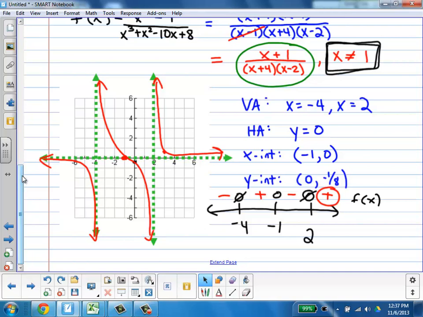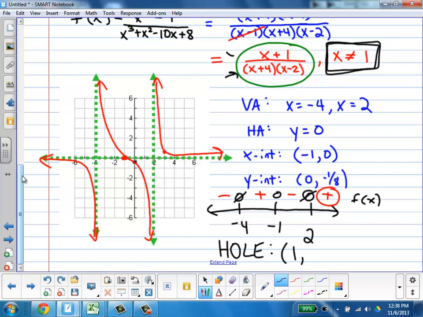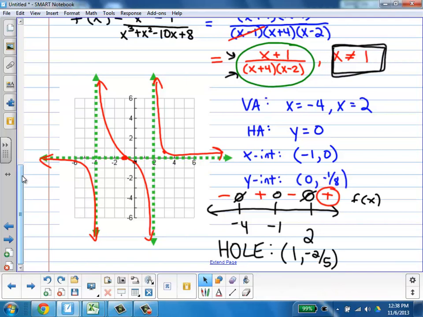Let's see what would happen if we plug 1 into the reduced function, the one that's circled right here in green. If you plug in 1, you get 2 on the top, and you get negative 5 on the bottom, so negative 2/5 would be the y value there. That's what would happen if you plugged in 1, but of course this right here says you can't plug in 1.